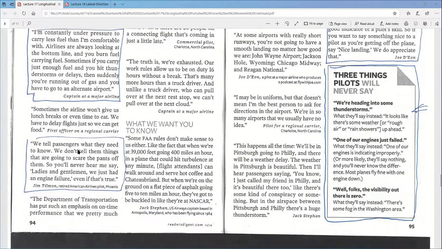This one's interesting. We tell passengers what they need to know. We don't tell them things that are going to scare their pants off. They won't say, ladies and gentlemen, we have had an engine failure. They'll say, we have an engine indicating improperly. And that's indicated here as well. And instead of saying, oh, wow, it looks like we're flying into a really horrible thunderstorm, they'll say, there looks like there's some weather ahead.